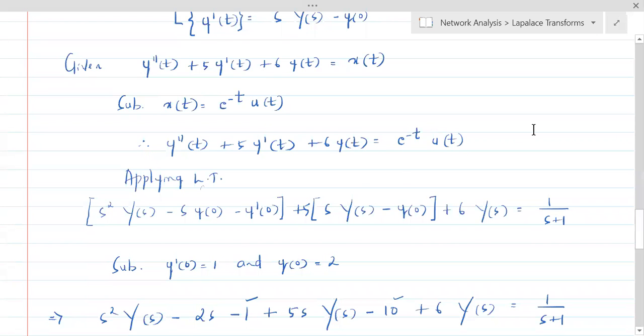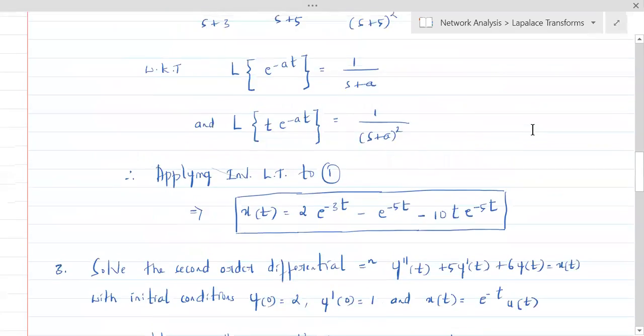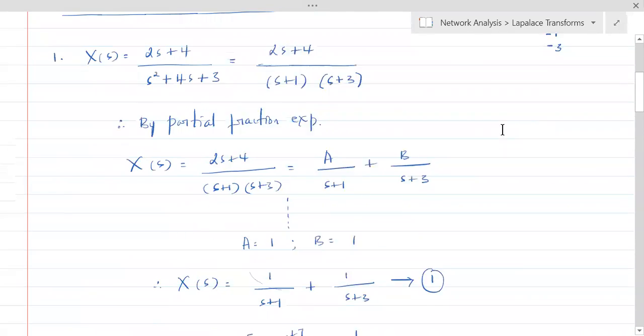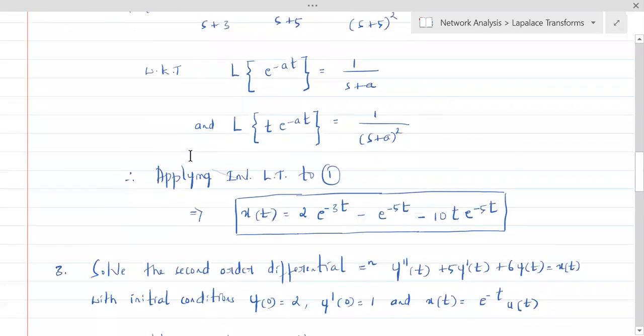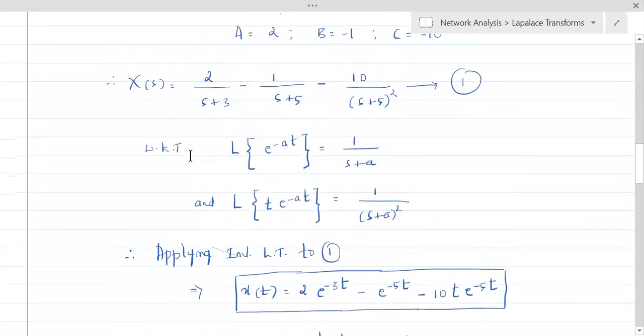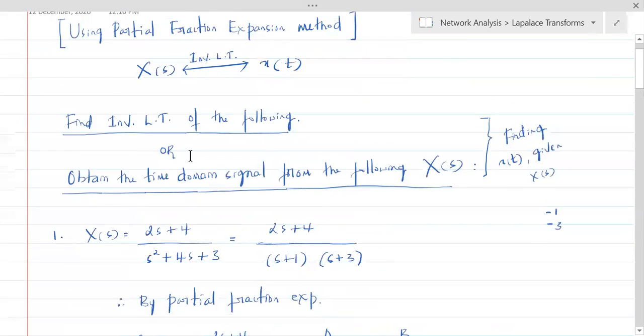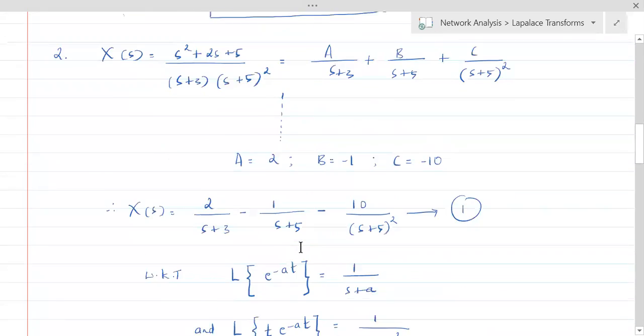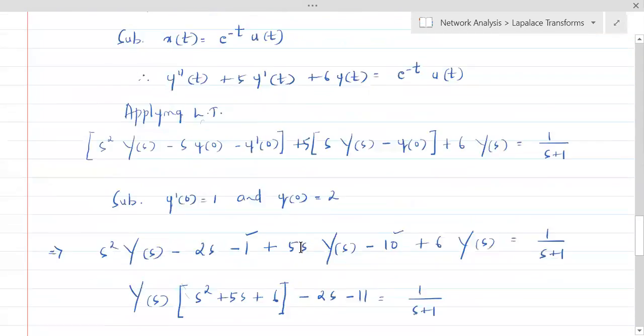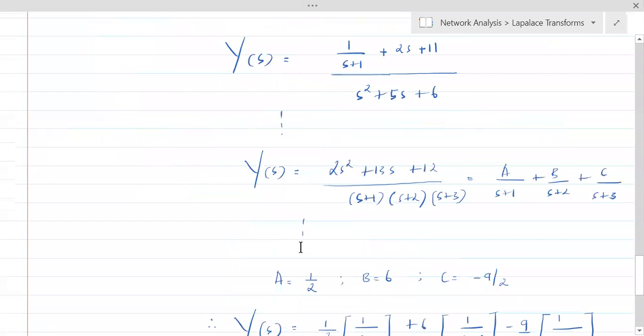Now, why I took this problem in the inverse Laplace transform topic is because we have to apply inverse Laplace transform. Similarly, if you see the convolution problems, even the convolution problems can be involved in this. Understand? So I'll give you one convolution problem for assignment. You can take this assignment now.